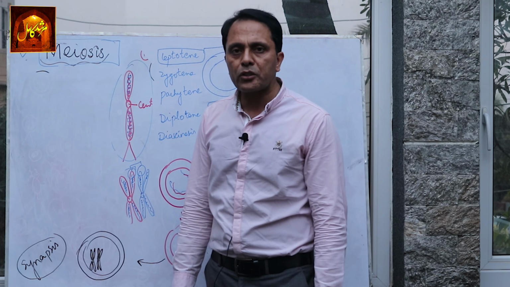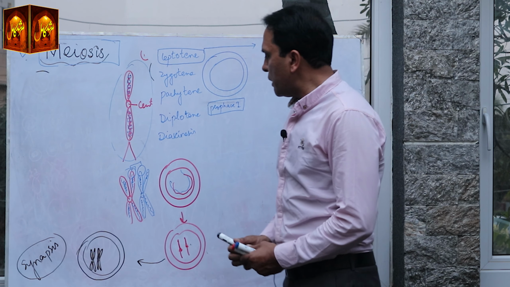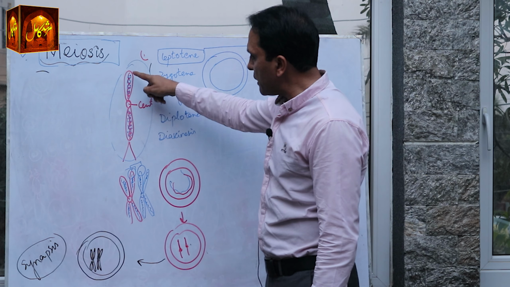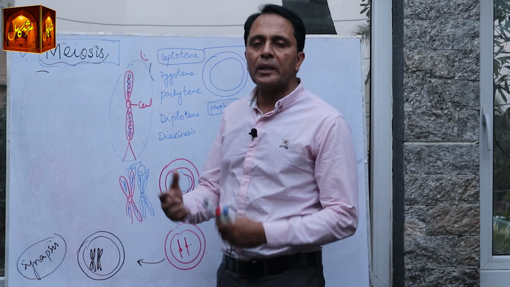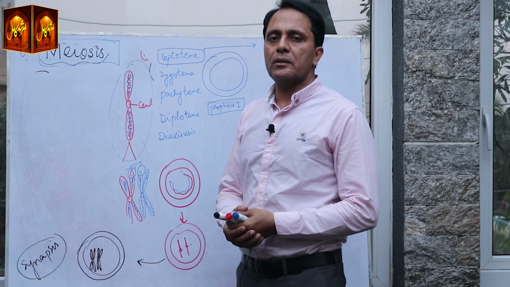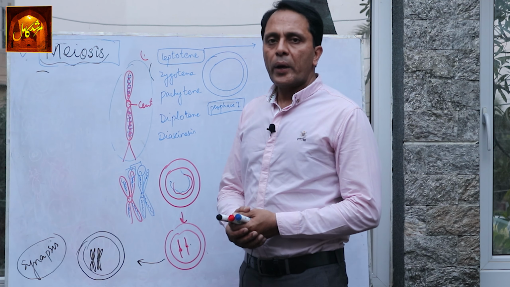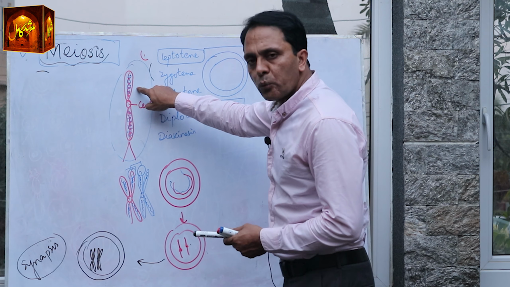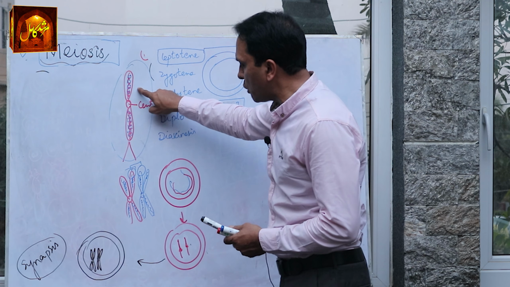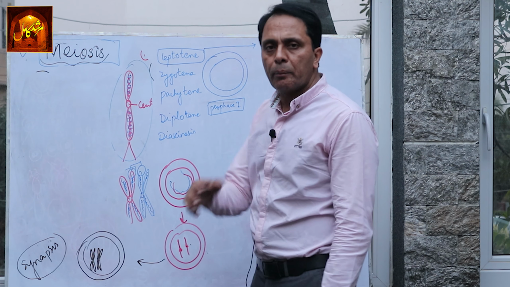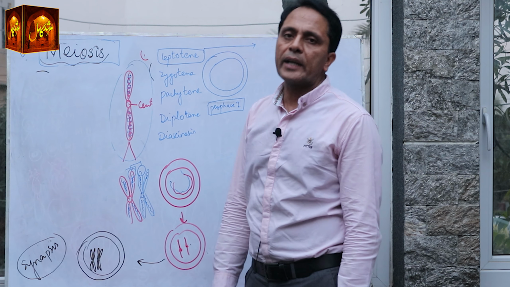Why are they double structured? Actually, the genetic material is going to be replicated. DNA is going to be replicated. When DNA is replicated, the single structured chromosome becomes a double structured chromosome, with double the amount of genetic material.